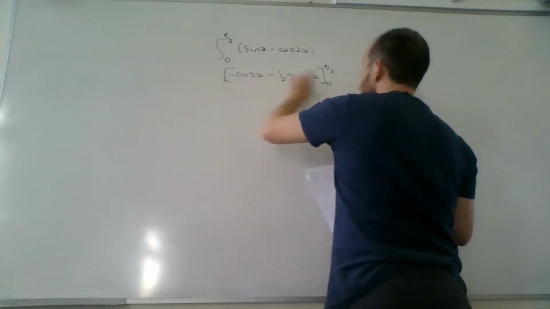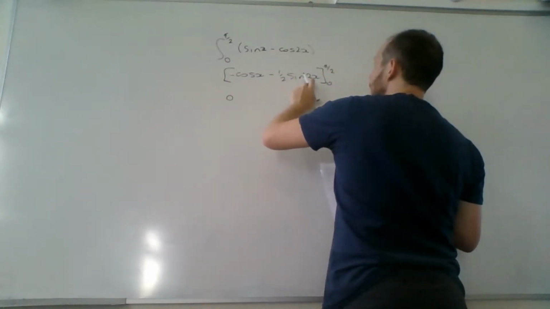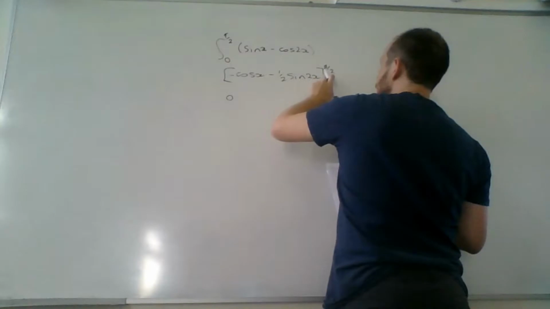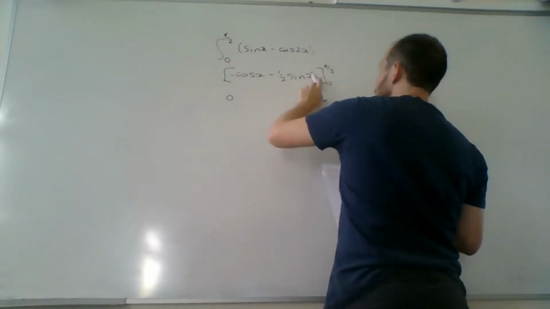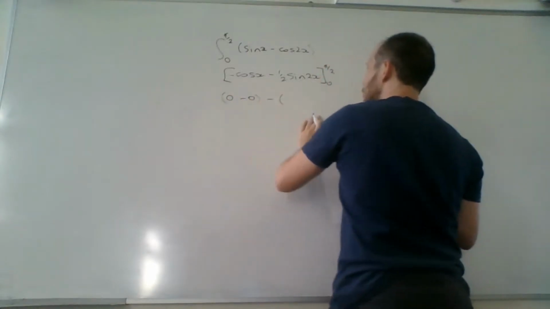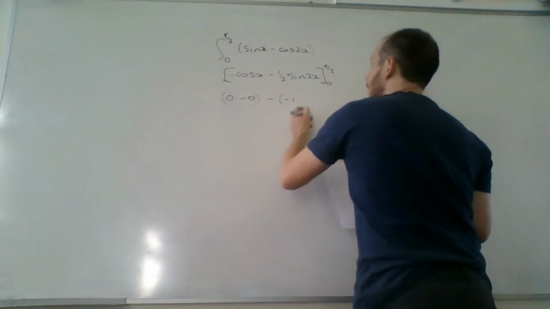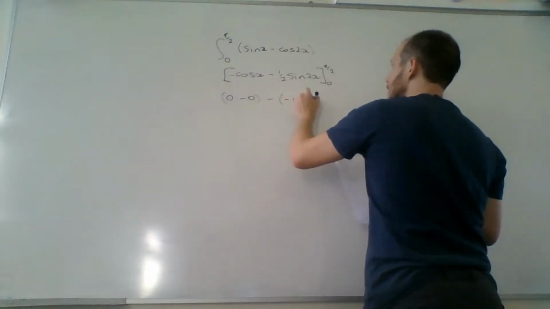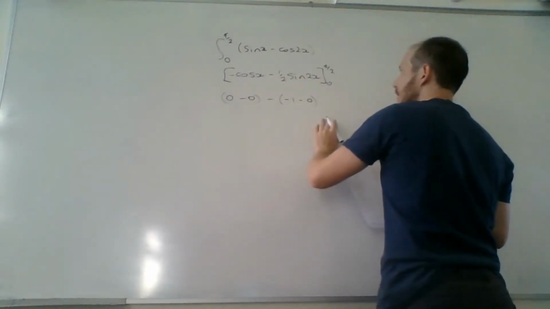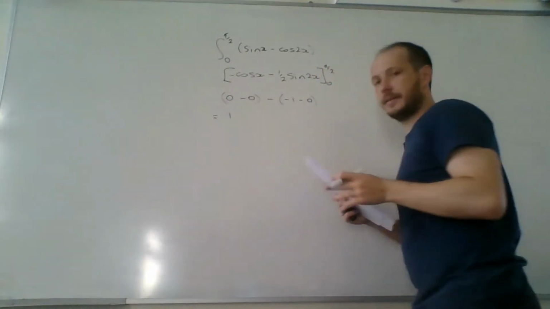So minus cosine of pi on 2 is 0, and sine of 2 pi on 2 is sine of pi, so that's also 0. Then we subtract, we sub in 0. So minus cosine of 0 is minus 1, and then sine of 0 is just 0. So what we end up with here is simply 1.